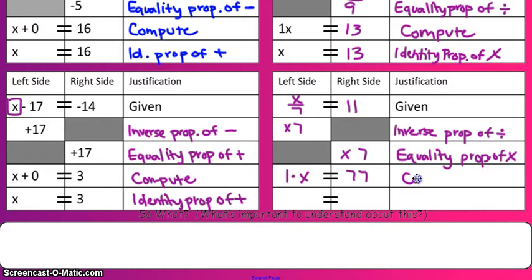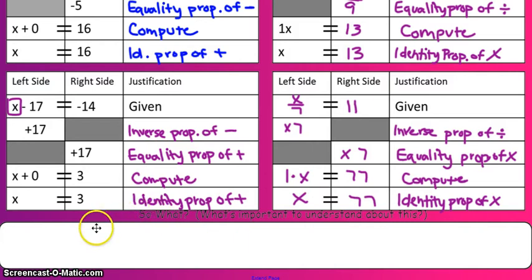That's computing. That means we're doing some math, adding, subtracting, multiplying, dividing. Okay, 1 times x is x. There's nothing left to do on this side, so we get 77, and that was the identity property of multiplication. To go from 1 times x to x, that's the identity property of multiplication.